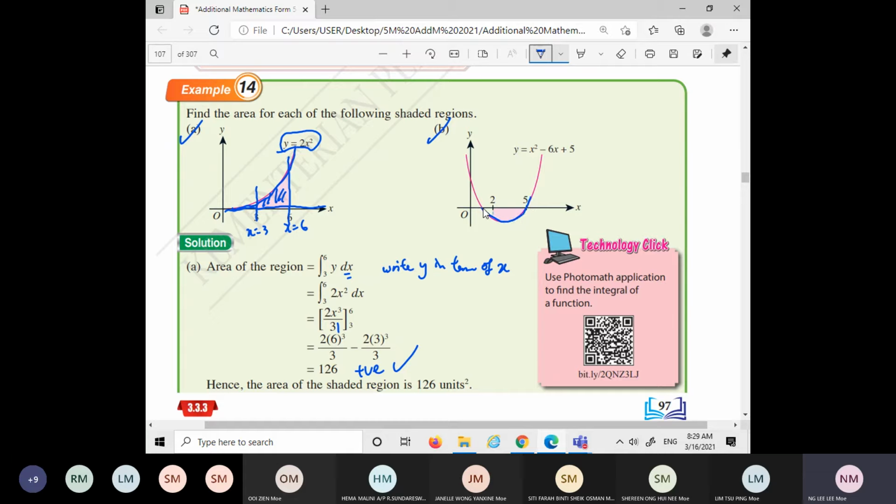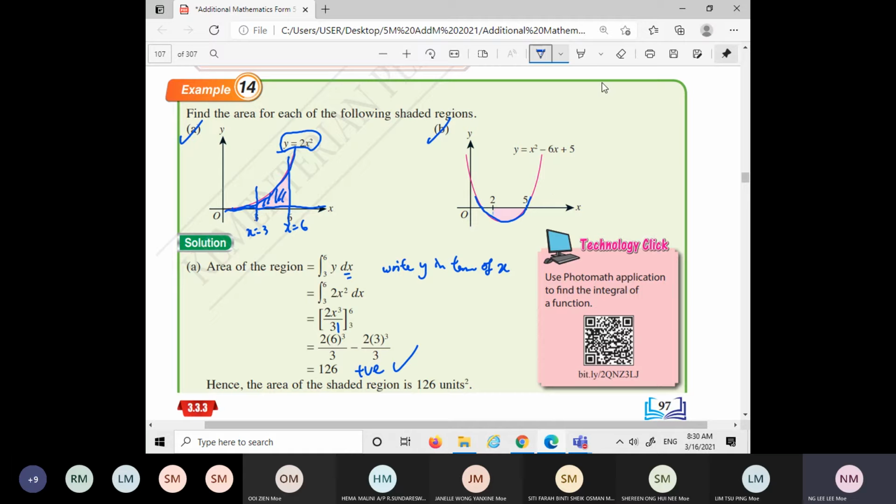So for this, the integral you get will be negative. But because the question is asking for area, in the last sentence you have to write it back in positive. Okay, we see how we do.